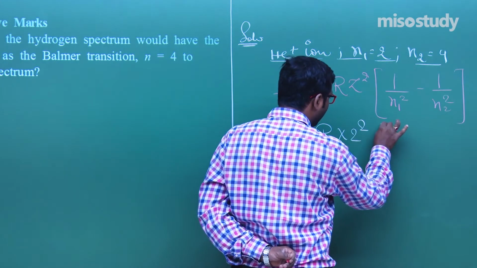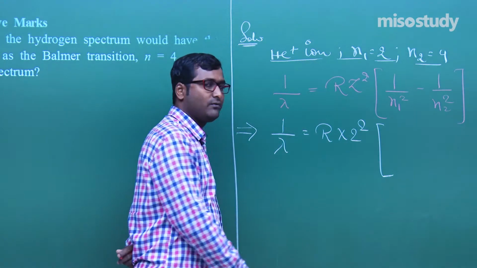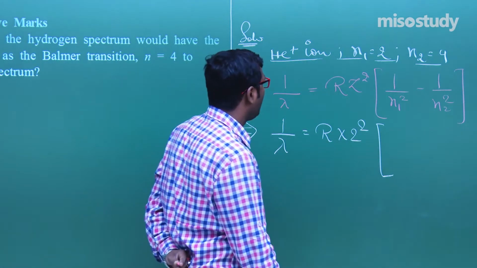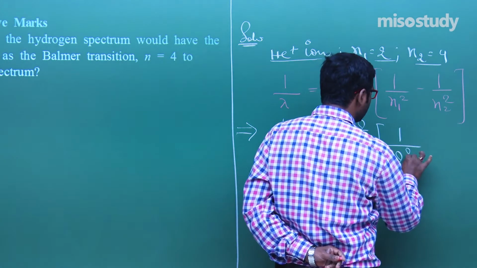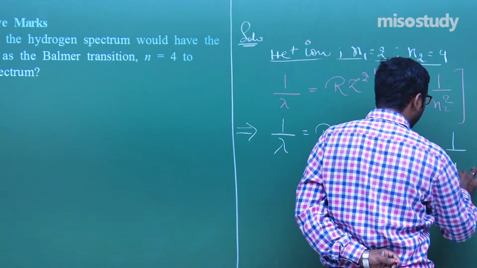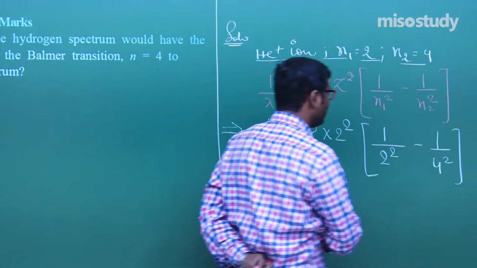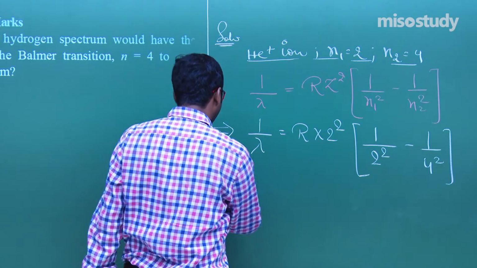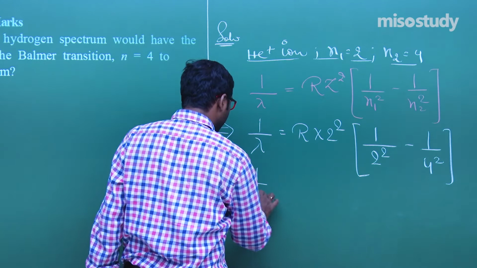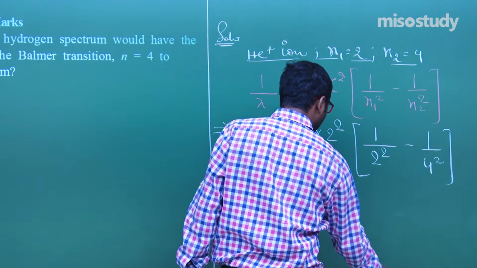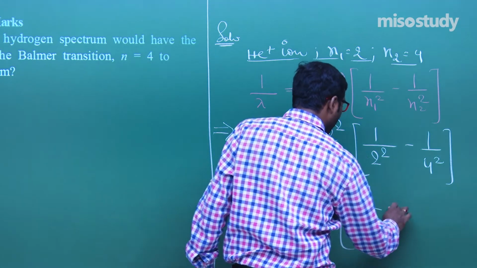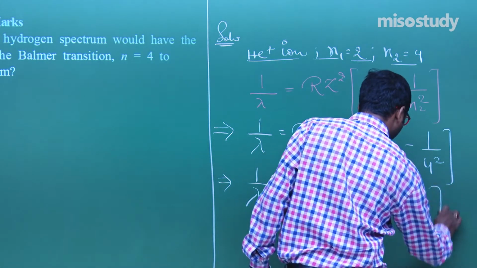That is 2 square, because the atomic number of helium is 2. Now 1 upon n1 square: what is n1? That is 2 square. And what is n2? That is 4 square. Clear to you? Now 1 upon lambda is equal to R into 4, then 2 to the 4 minus 16. Am I right? Yes, sir.